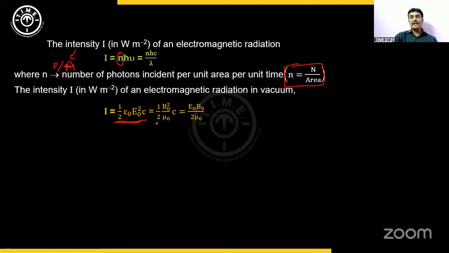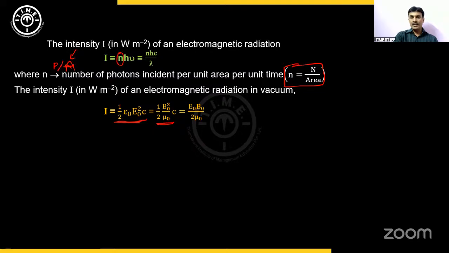The same can be expressed completely in terms of the magnetic vector as half B naught square c by mu naught, where mu naught is the permeability of free space, epsilon naught is the permittivity of free space. The intensity can also be expressed as E naught B naught, the peak values of electric and magnetic field vectors, divided by 2 mu naught. Okay, that is the intensity of the electromagnetic radiation.